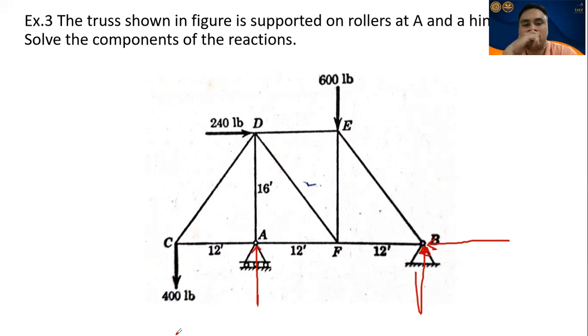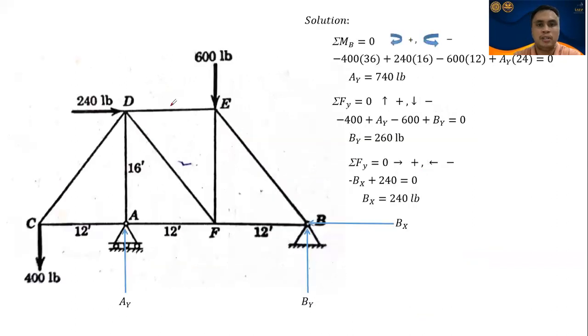So here, class, we will again use summation of moment or summation of forces. Okay? Alright, next. So, in our solution, class, summation of moment at B equals 0, clockwise positive, counterclockwise negative.